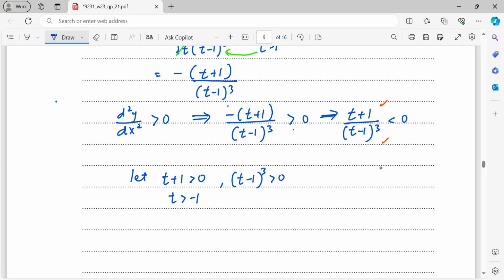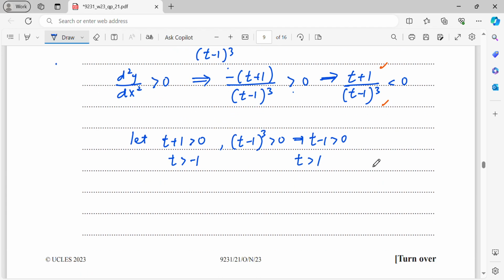When you move the cube to the other side, it is still t - 1 more than 0. That means I will get t greater than 1. Now I will draw the number line. I have two t values, -1 and 1. Greater than -1 means that the line is towards the right side. This is t greater than -1. And then t more than 1 means that it will be on the right side.